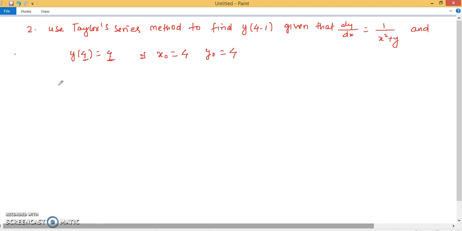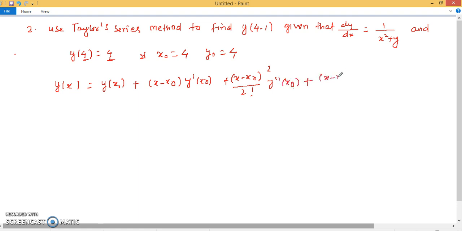Now in this, you know the formula of the Taylor series: y of x is equal to y of x naught plus x minus x naught, y dash of x naught, plus x minus x naught whole square by 2 factorial y double dash of x naught, plus x minus x naught to the power of 3 by 3 factorial y triple dash of x naught, plus x minus x naught to the power of 4 by 4 factorial y4 of x naught, and so on.